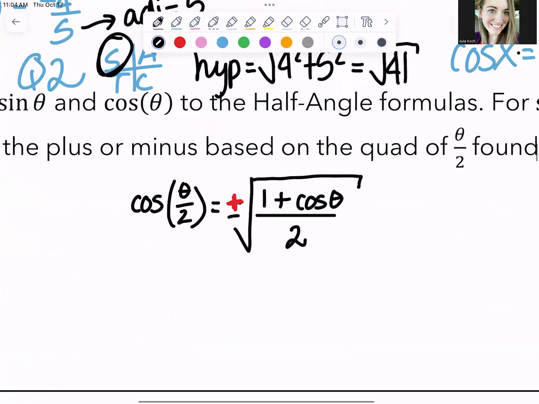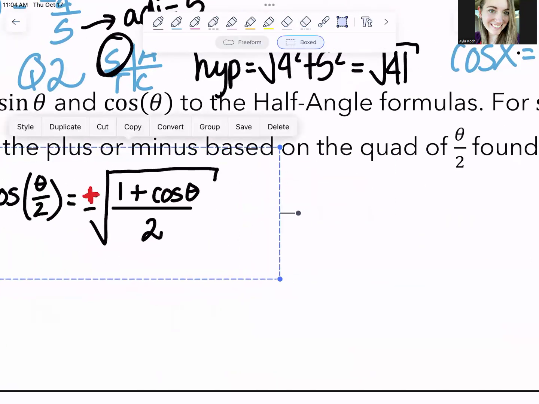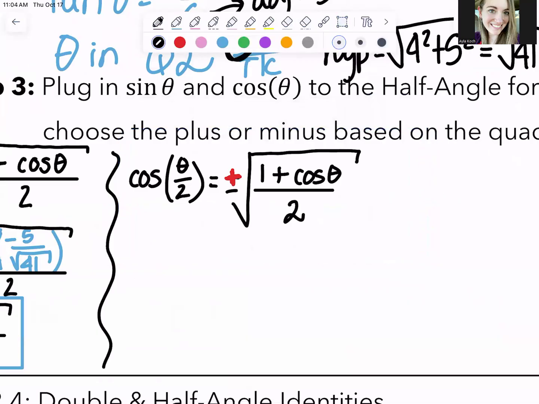Cosine. It will turn out to be the exact same thing. So this will be positive 1 plus negative 5 over square root 41, all divided by 2.